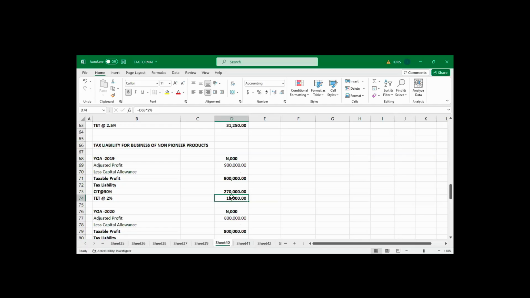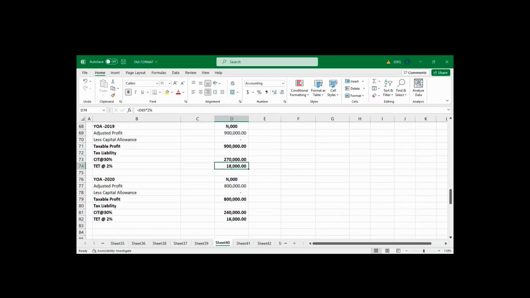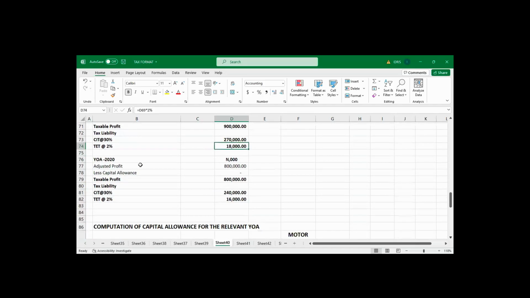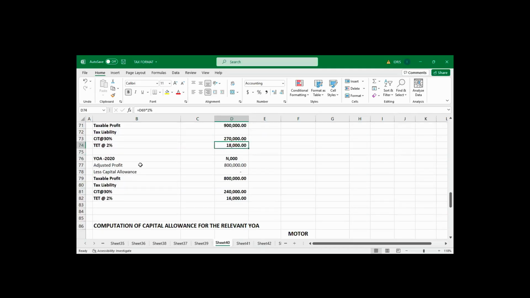So for the second year for the non-pioneer product, which is the profit that was made in 2019, the year of assessment will be 2020, 800,000 on the non-pioneer product. So 30% of 800,000 is 240,000, and 2% of 800,000, the education tax, is 16,000. So this is the tax liability for the non-pioneer product.